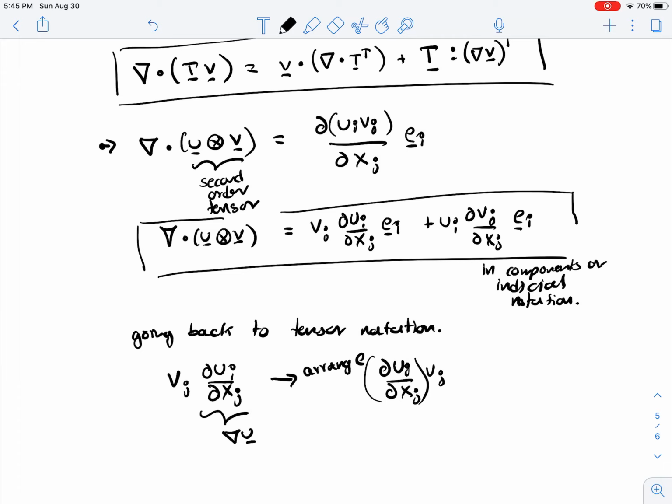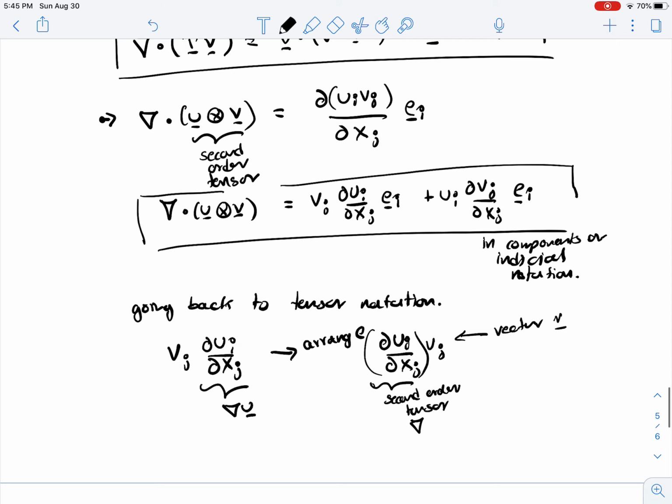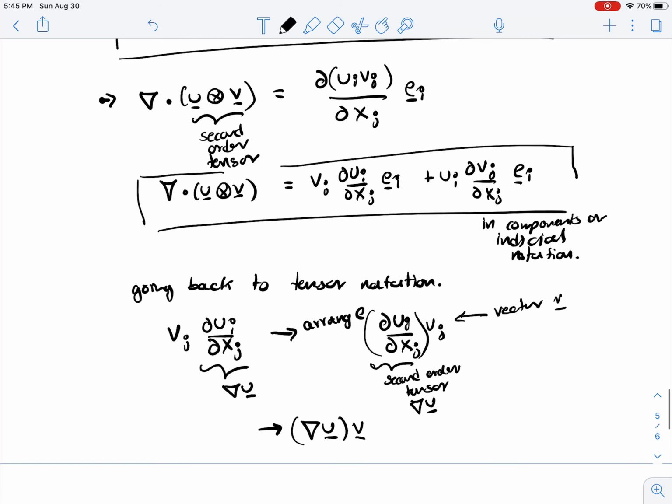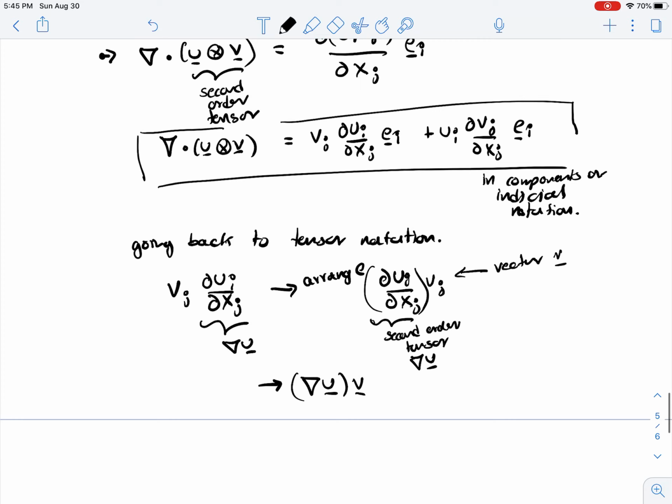If I look at it like this, then I have Uij, Vj. So this should make me think of applying a second order tensor to the vector V. So indeed, this is nothing more than the gradient of U applied to the vector V. So that will be the first term.